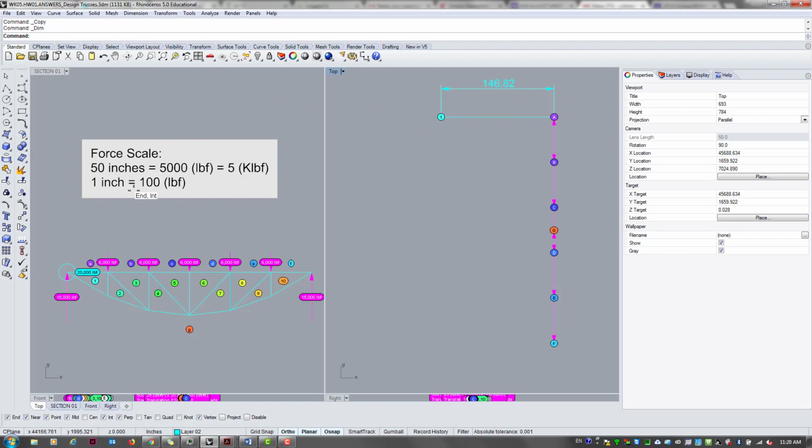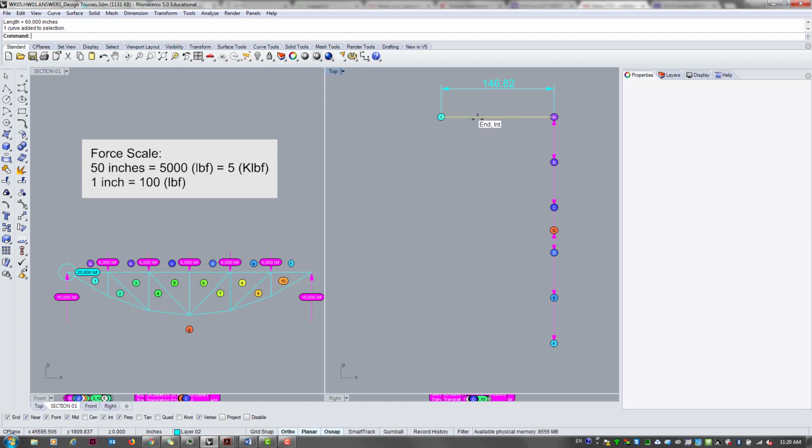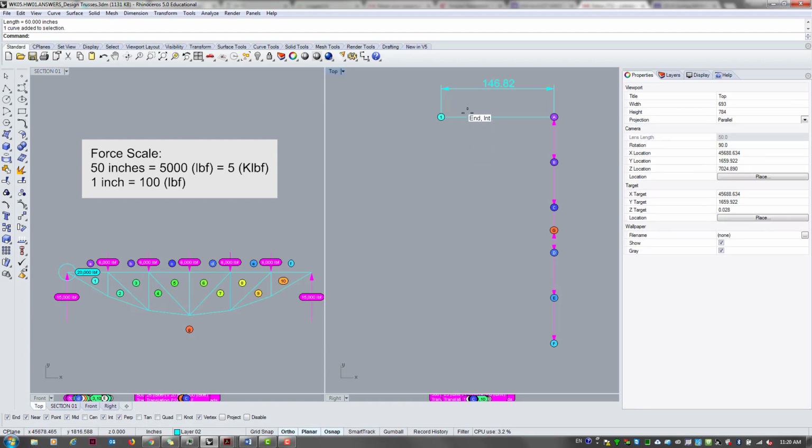Because we're using 1 inch equals 100, and the 60 inches is 60,000, we want this to be 200 inches. So we just need to draw a line that is 200 inches long to the left, and that's where point 1 should be.